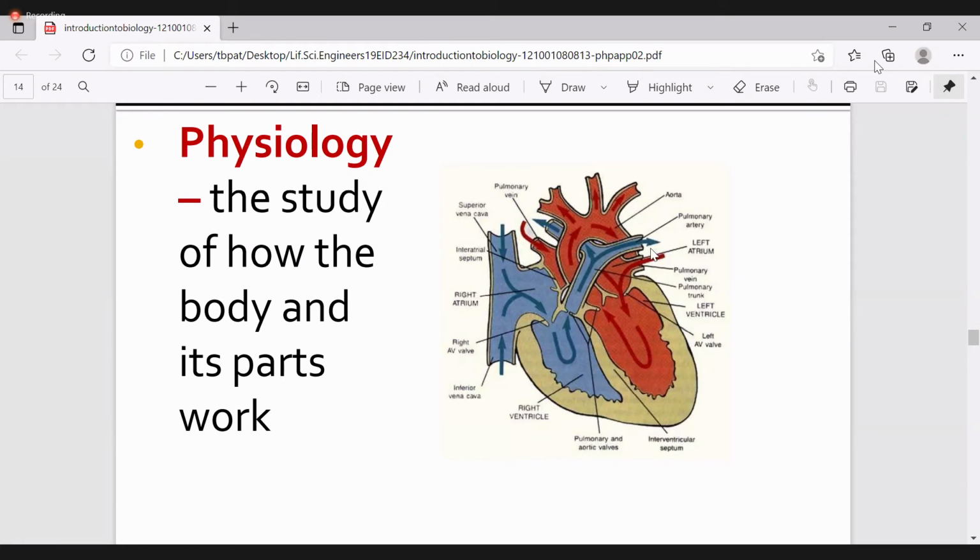This is about our heart, arteries and veins. Through arteries, the pure blood is pumped out, mixed with oxygen.